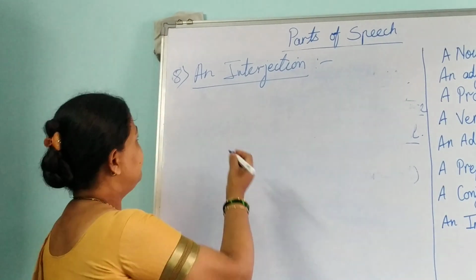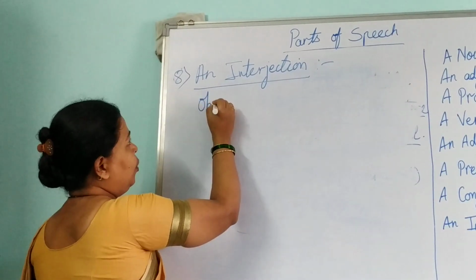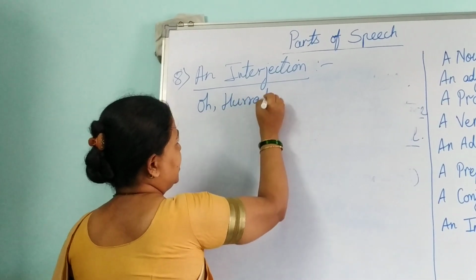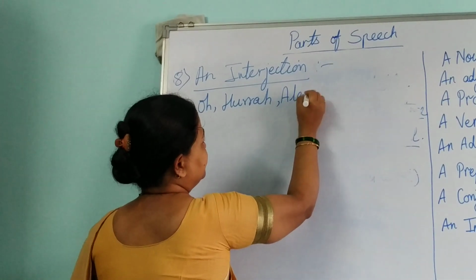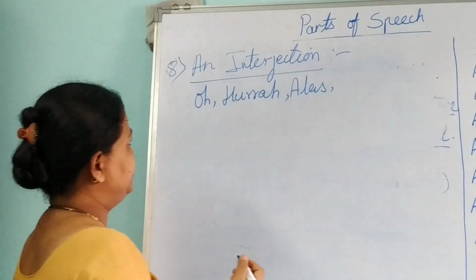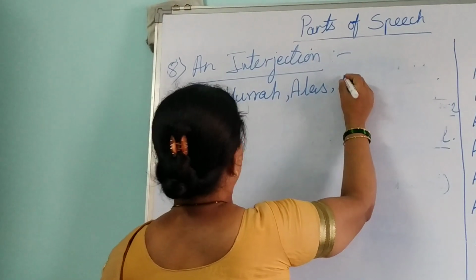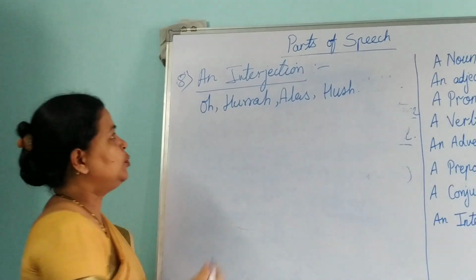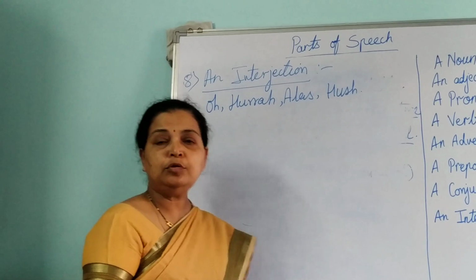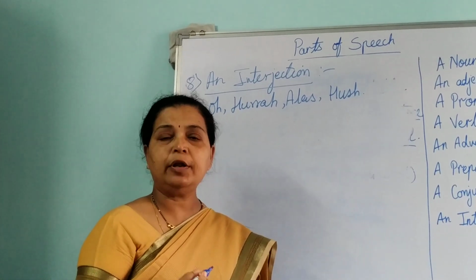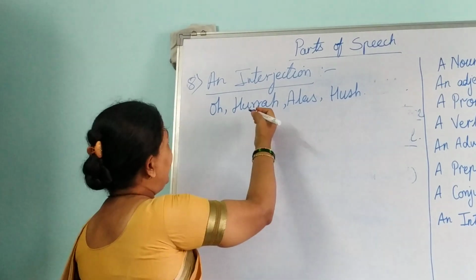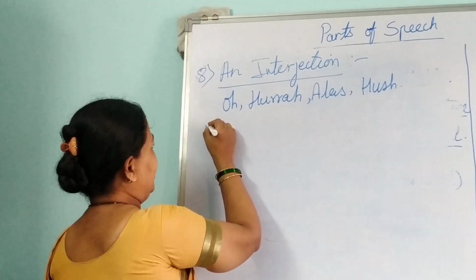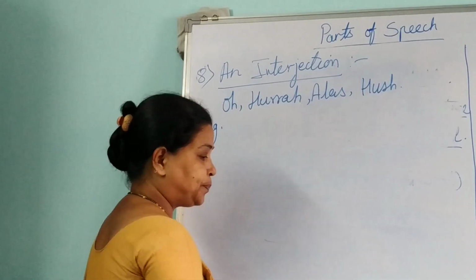Like we have oh, then we have hooray, then alas, then we have whoosh. So all these words, they are used to express your sudden feelings or emotions, and they are called as interjections. Let's write them in the form of sentences.